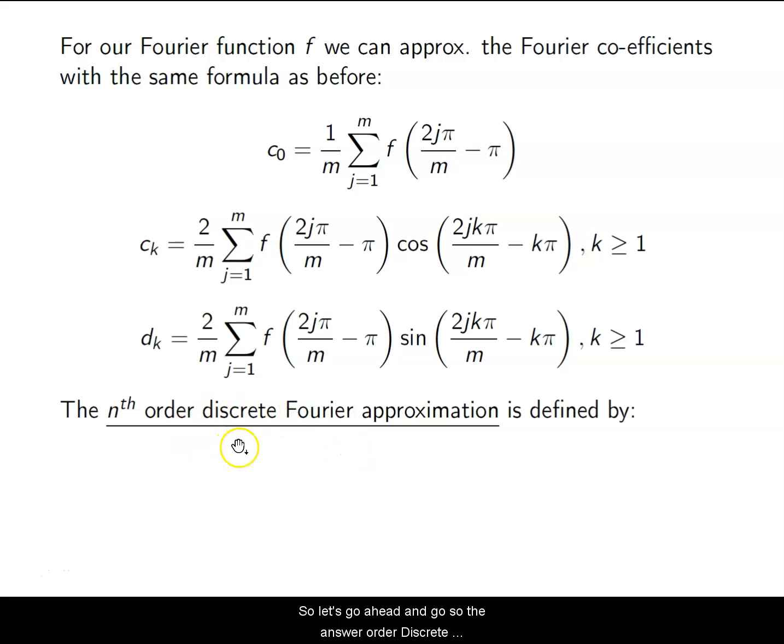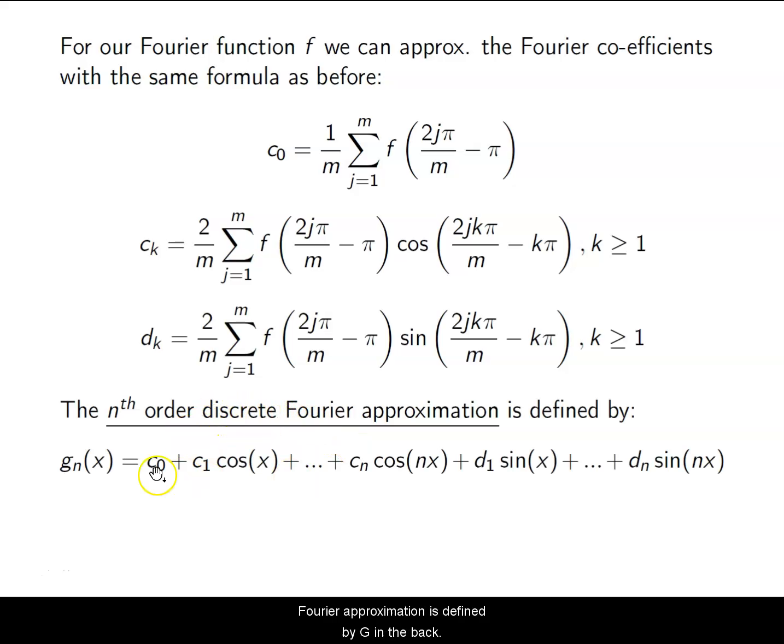So the nth order discrete Fourier approximation is defined by Gn of x being c0 plus c1 cosine x, c2 cosine 2x, so forth and so forth, till you get to cn cosine nx, d1 sine x, d2 sine 2x, so forth and so forth, to dn sine nx. So very, very similar to the last formula, except that they're found using summations instead of that inner product.